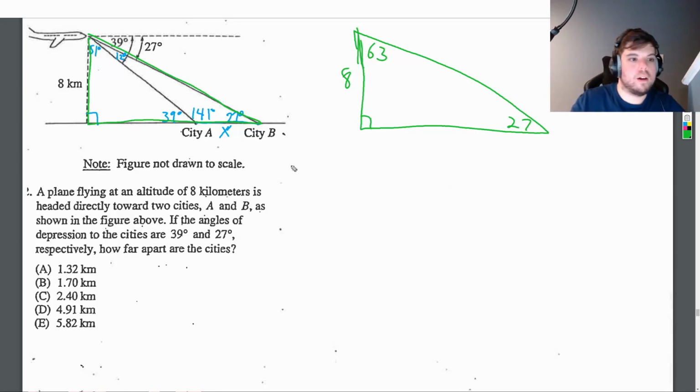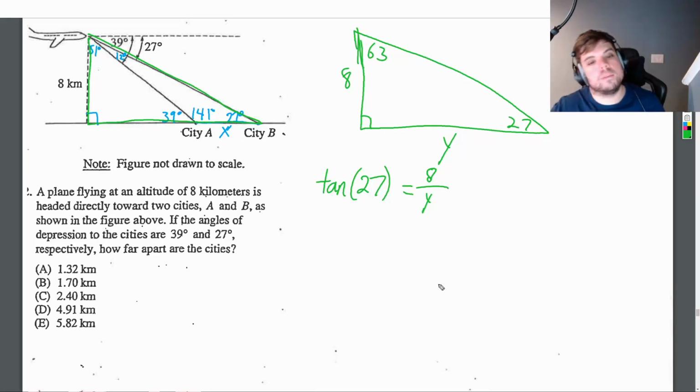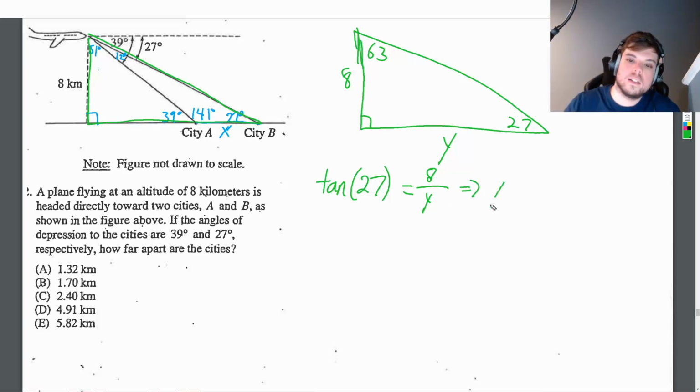So we can figure out, we'll call this y. We can figure out y, definitely. So the tangent of 27 degrees equals 8 over y, and this means that y equals 8 over tan 27.